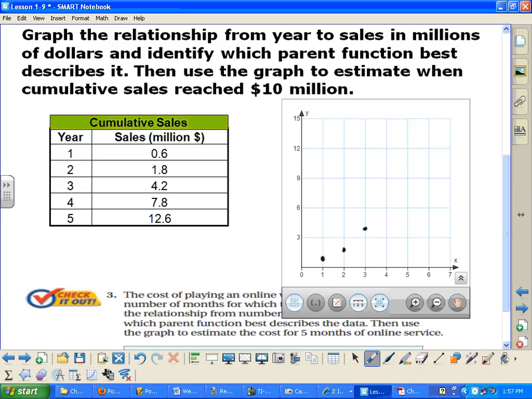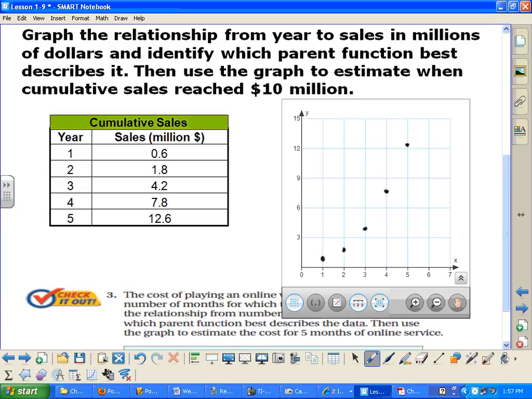And 4 and 7.8, that's about halfway in between there. And 5 and 12.6, that's probably about here. Okay, so which one do you think that is?